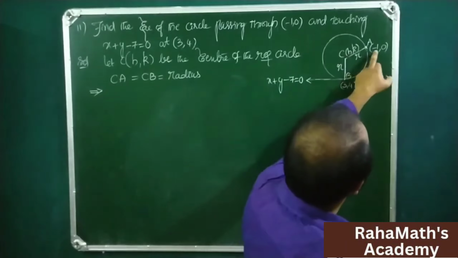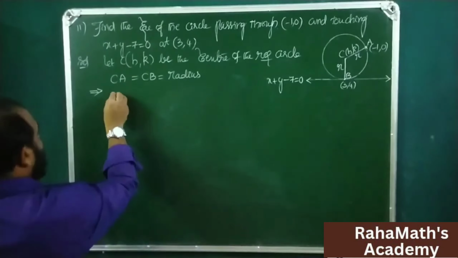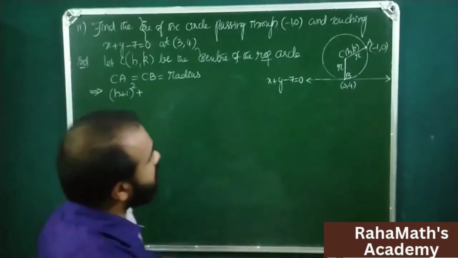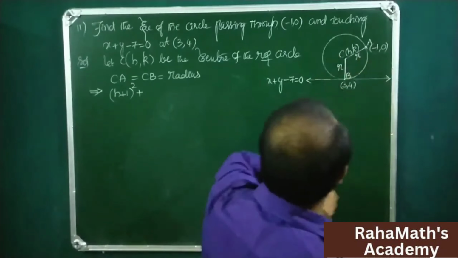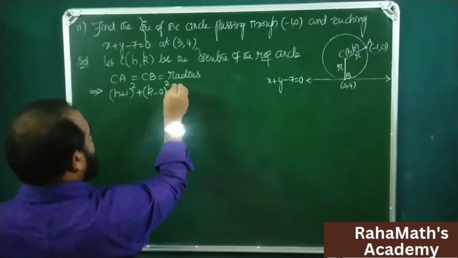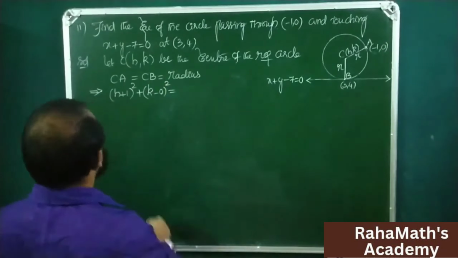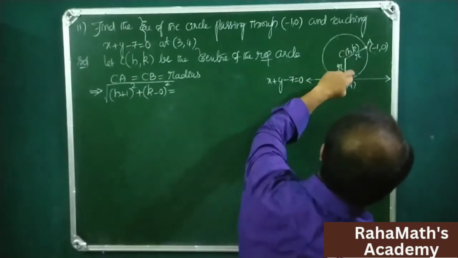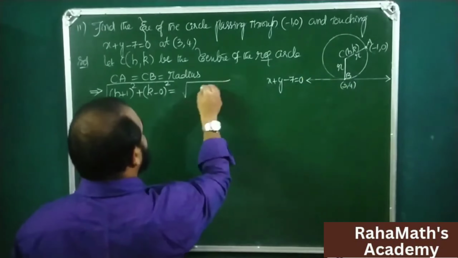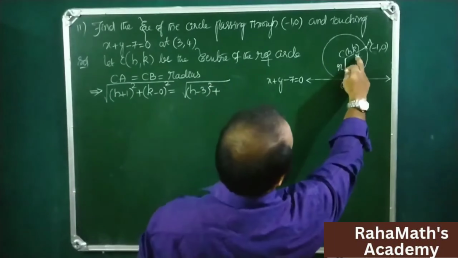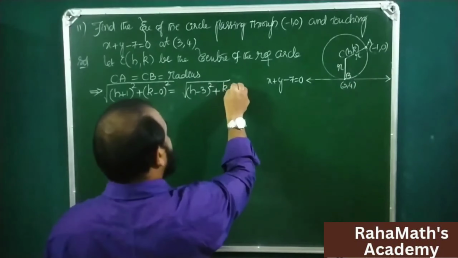Distance formula: h plus 1 whole square plus k minus 0 whole square equals h minus 3 whole square plus k minus 4 whole square.